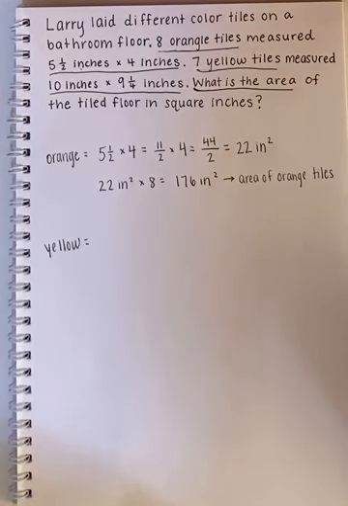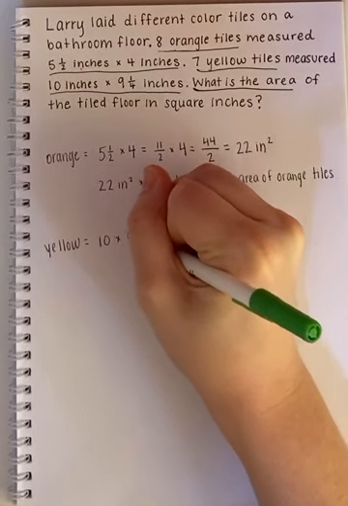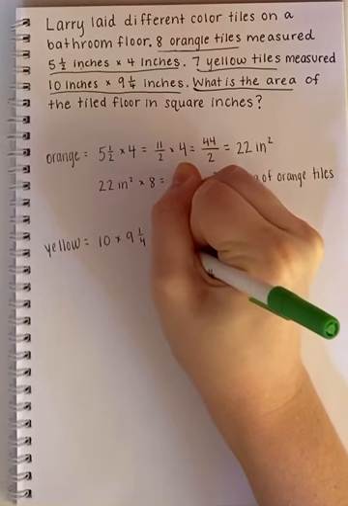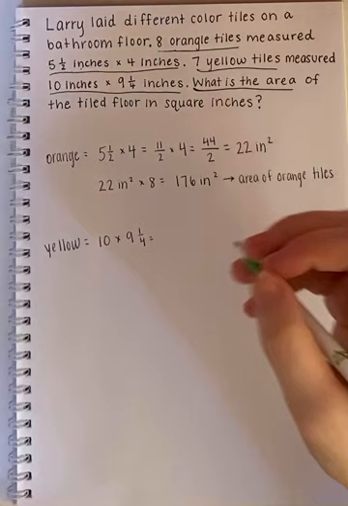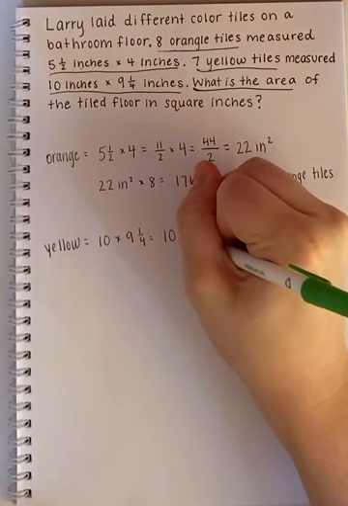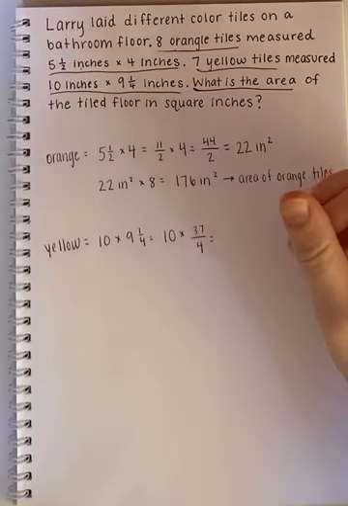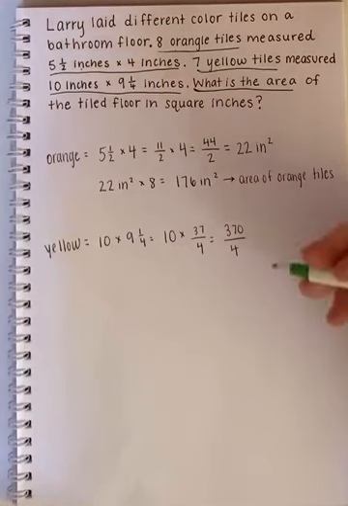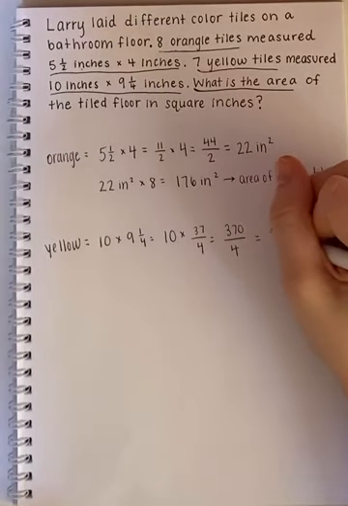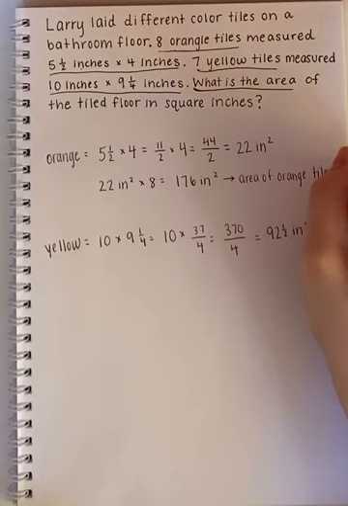All right, if you paused the video, which you should have, welcome back. So to find this, we would have multiplied 10 times 9 1/4. You would have had to change 9 1/4 to an improper fraction, which would have given you 37/4. When you multiplied those together, you would have gotten 370 over 4. When you divided that, you should have gotten 92.5 inches squared.